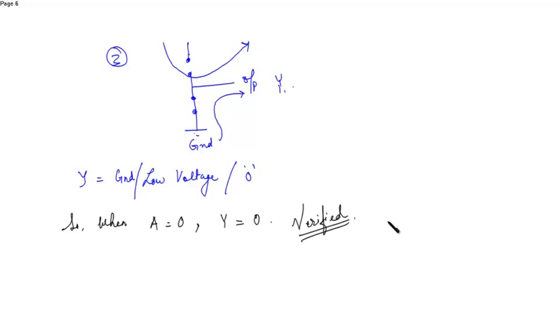Now we will see the second condition, that is, when the input A is equal to 1.